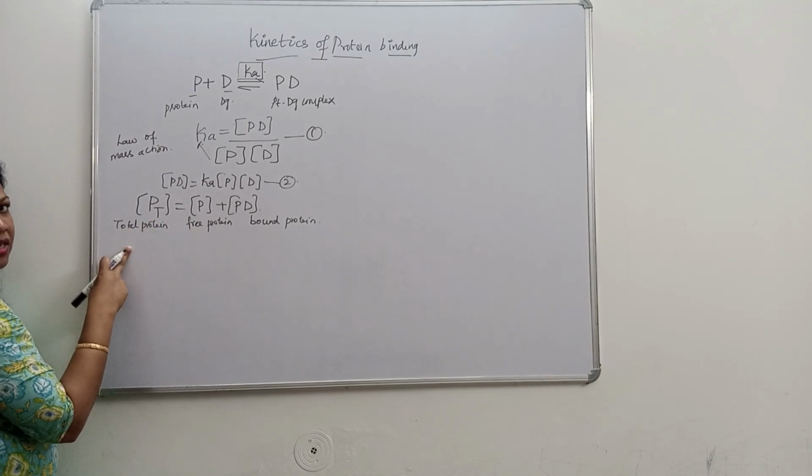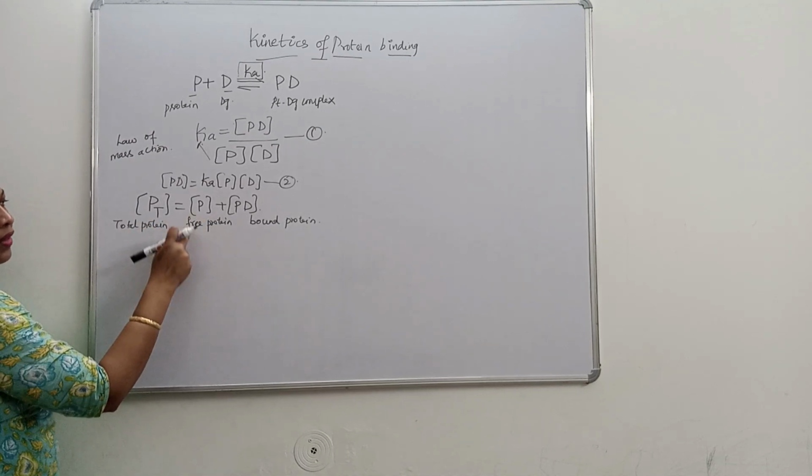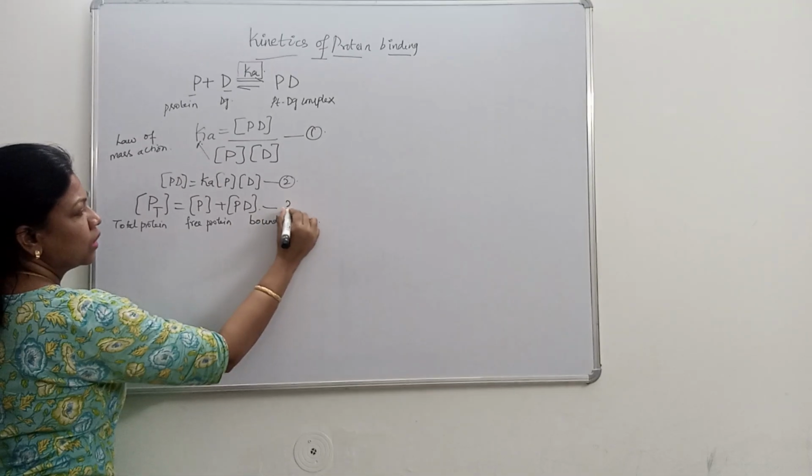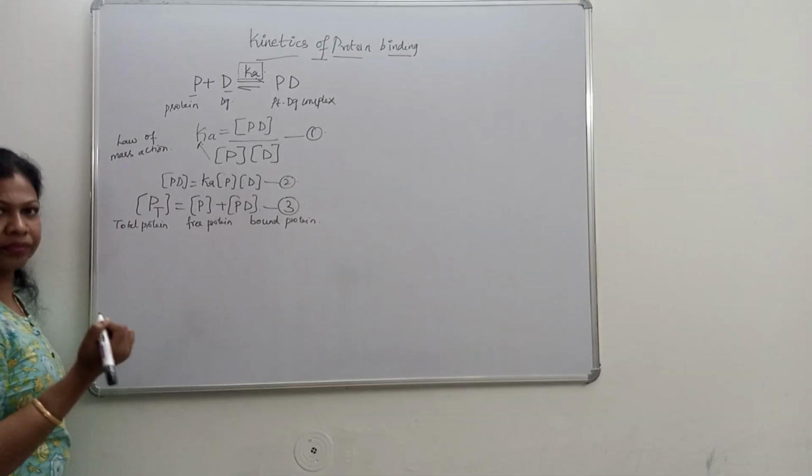So the total protein is nothing but the sum of free protein plus bound protein. This is equation number 3.